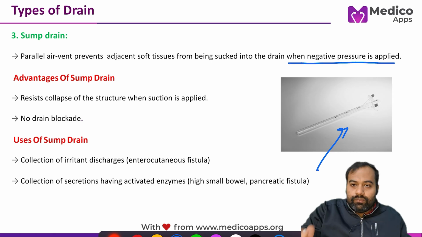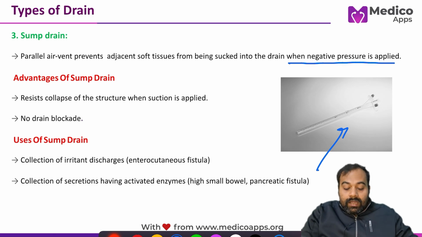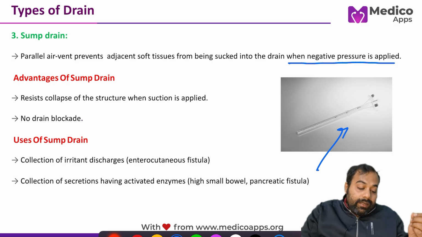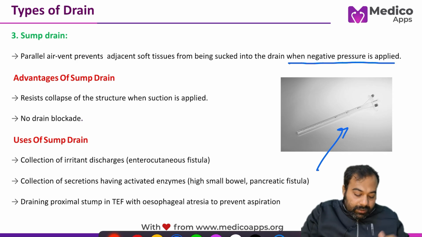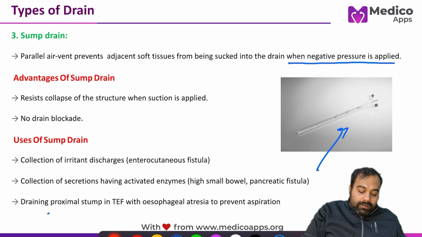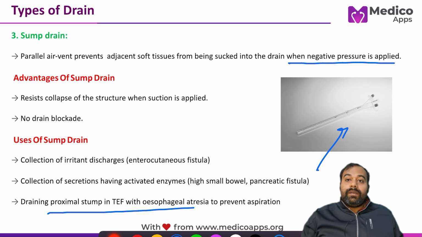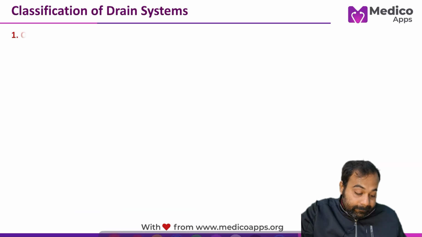Or sometimes when a high small bowel fistula has been noted, we can easily use the sump drain. Also, it is used for the proximal stump of a tracheoesophageal fistula with esophageal atresia to prevent aspiration.